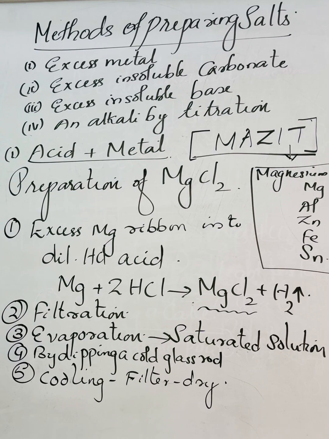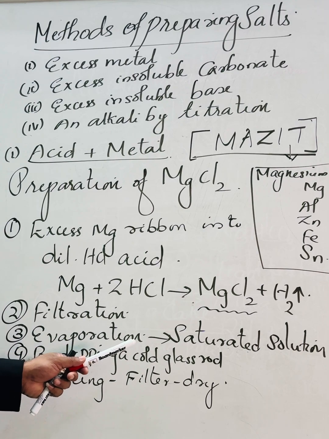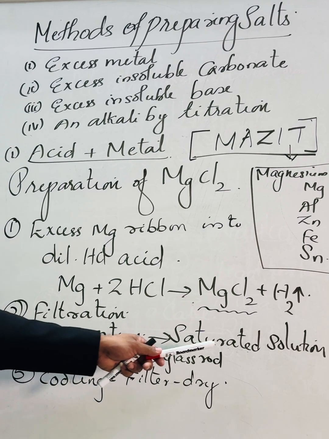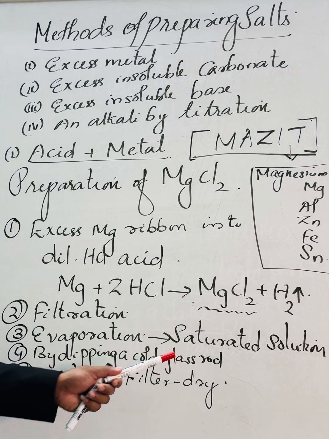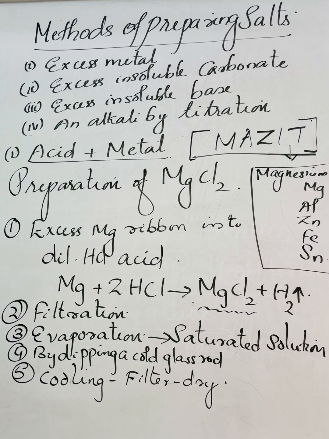Now we get magnesium chloride solution that is evaporated slowly to form a saturated solution. The hot concentrated saturated solution you obtain, we can test by dipping a cold glass rod into the saturated solution.